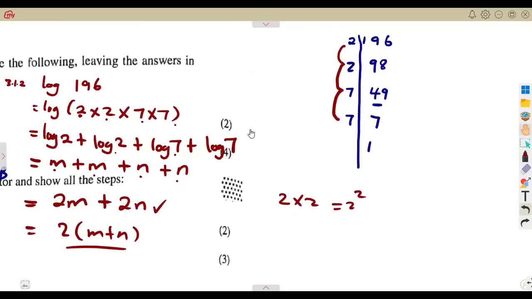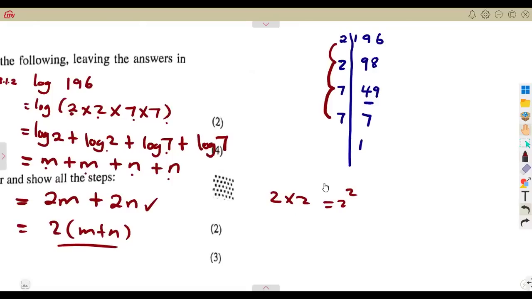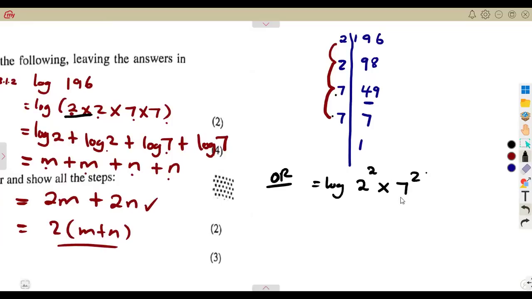Let's say you used this part of raising to the power of 2. How were you going to simplify it if you use the power of 2 in this case? It was going to be written as log of 2 to the power of 2 times 7 to the power of 2.